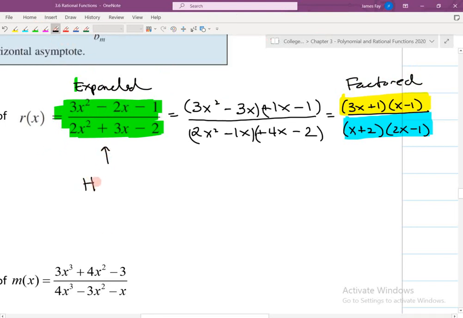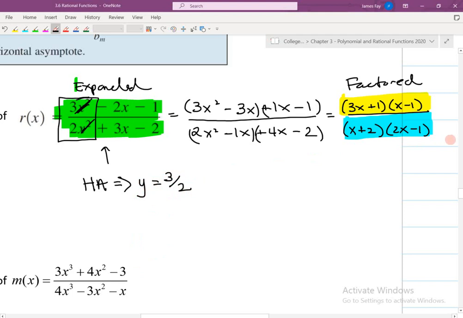What's your horizontal asymptote if I look at this expanded version? You're going to look at leading terms. And because the exponents are the same, x squared and x squared are going to cancel out. And when x becomes really big, you get y to be 3 halves, right?